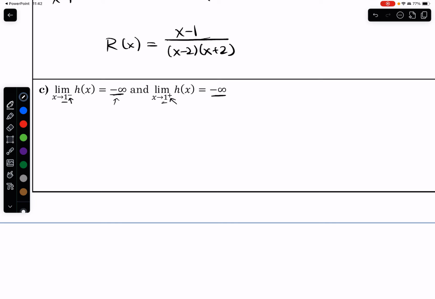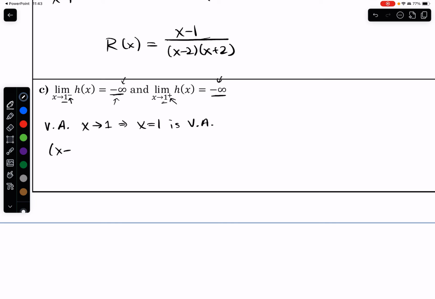These statements simply mean that this is your vertical asymptote. If we're approaching a numerical value, 1 or any constant, from the left or from the right, and it's equaling an infinity, that means we have a vertical asymptote at that value that x is approaching. Since x is approaching 1, x equals 1 is a vertical asymptote.